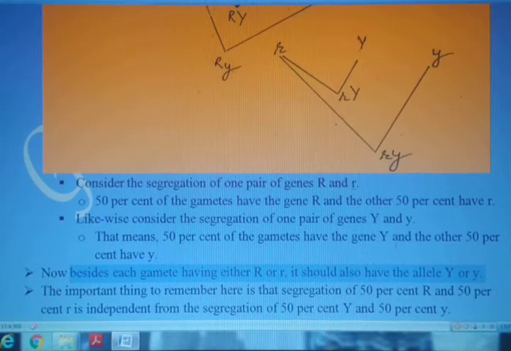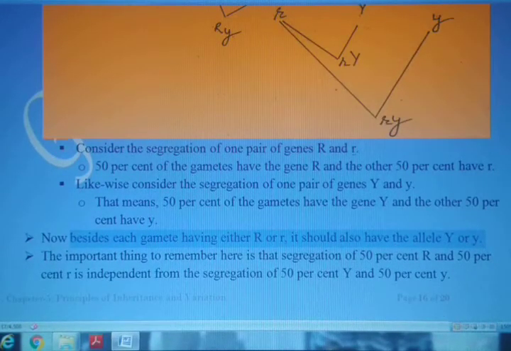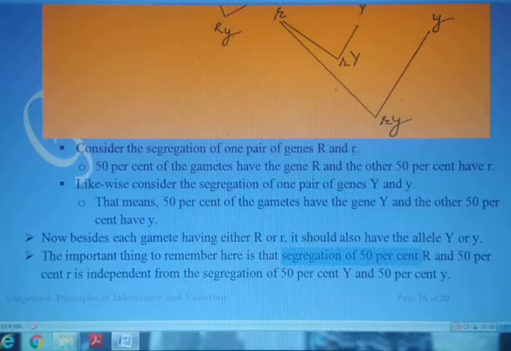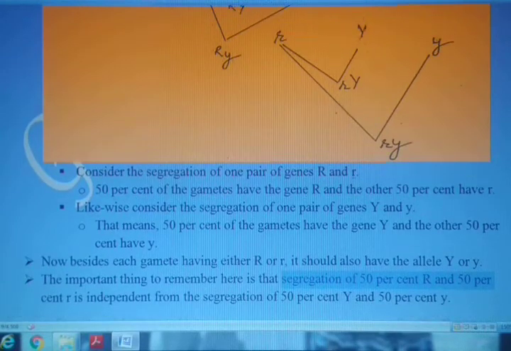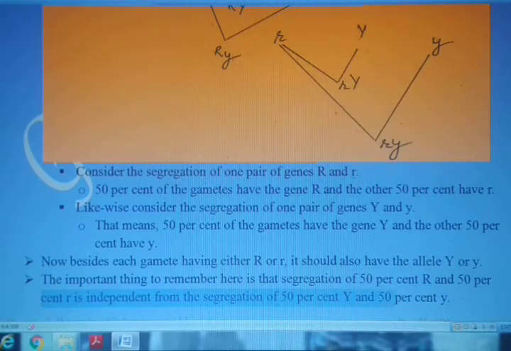Now one more thing to remember is that segregation of 50% capital R, the dominant gene for the shape of the seed, and 50% small r is independent of the segregation of the 50% capital Y and small y.